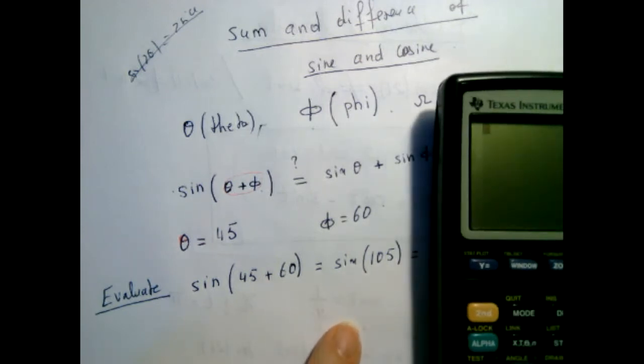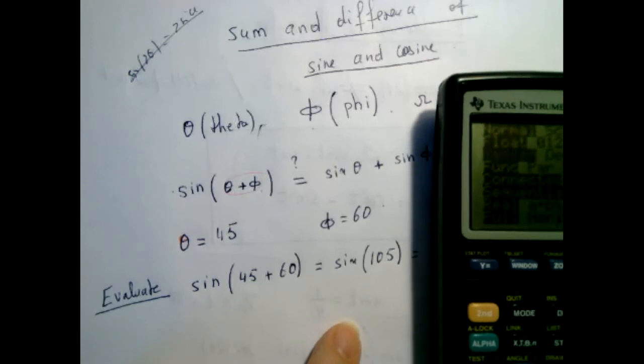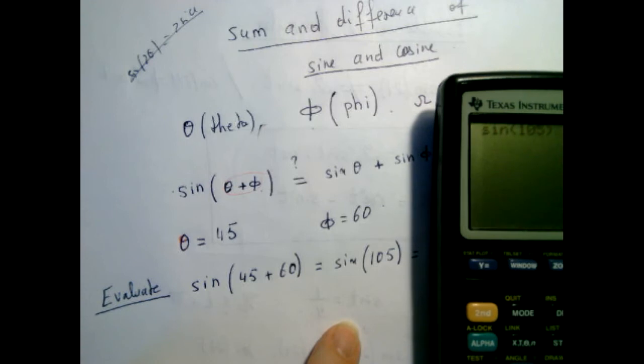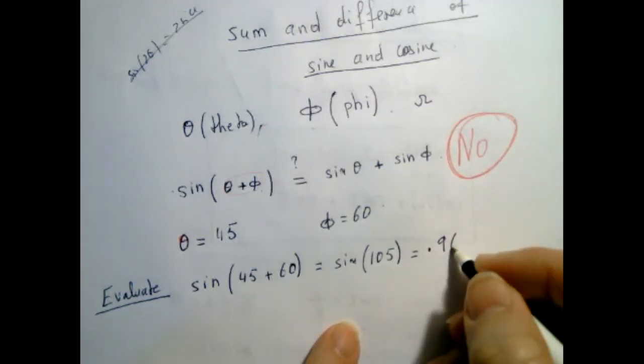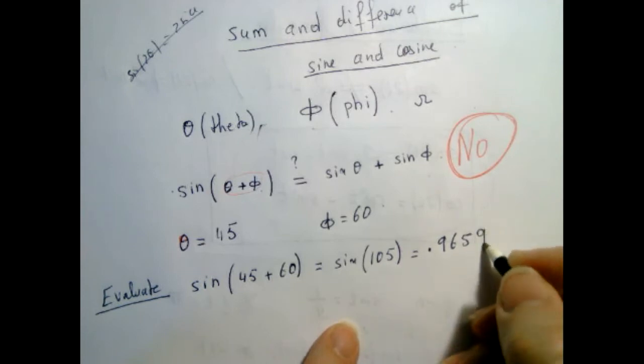That's why I wanted an easier angle. Usually my calculator is in radian mode, so I have to switch to degree mode. And sine 105, I'm getting 0.9659.